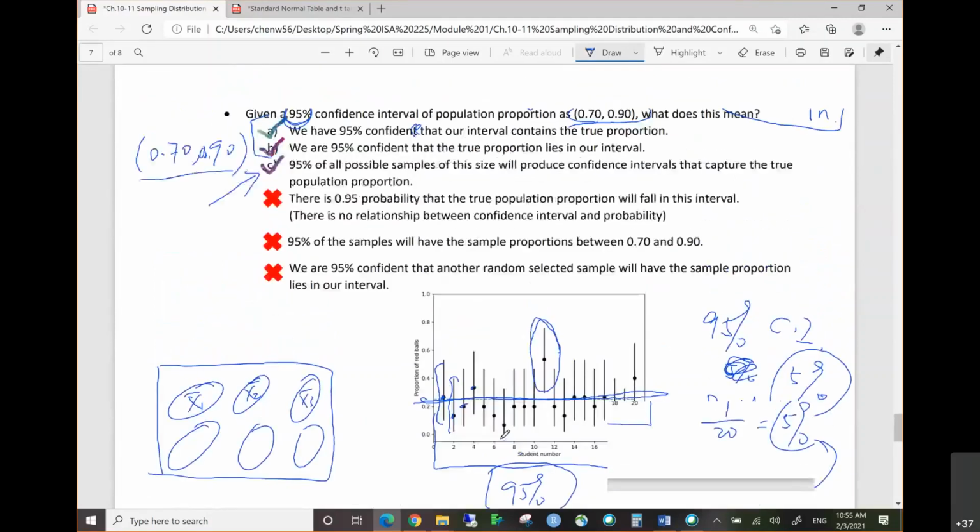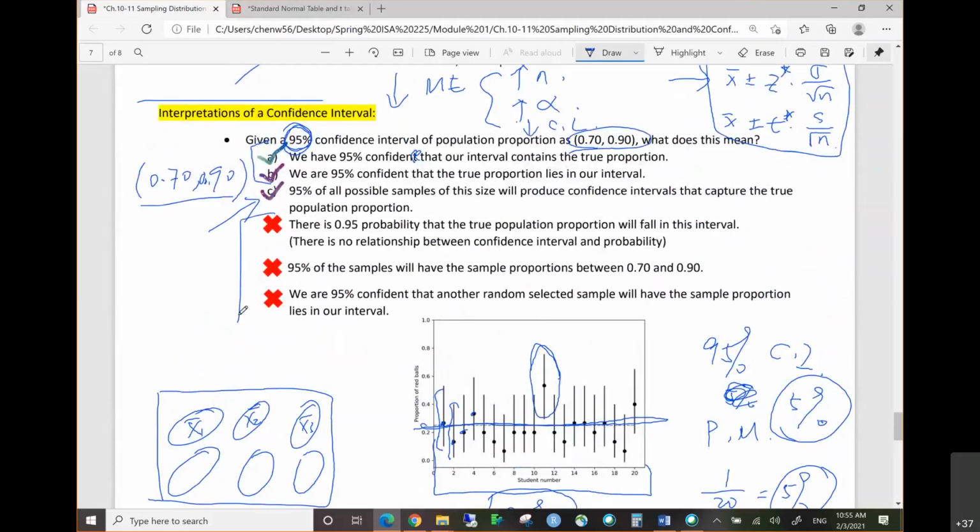All right. So for the other 3 ways, I just want to talk about the wrong interpretations of the confidence interval. Right, the first one: there is 0.95 probability that the true population proportion will fall in this interval. It is not right. We say there is no relationship between the probability and the confidence level. Why?